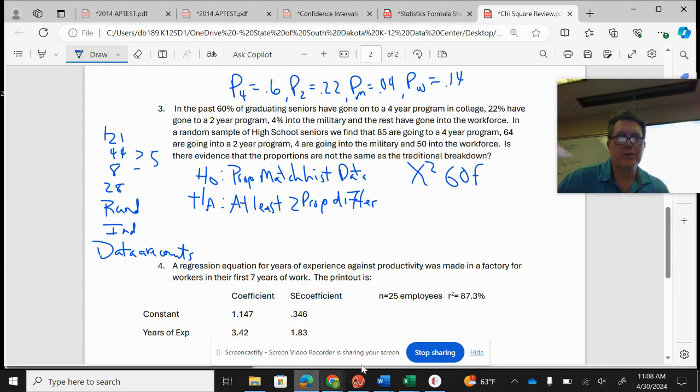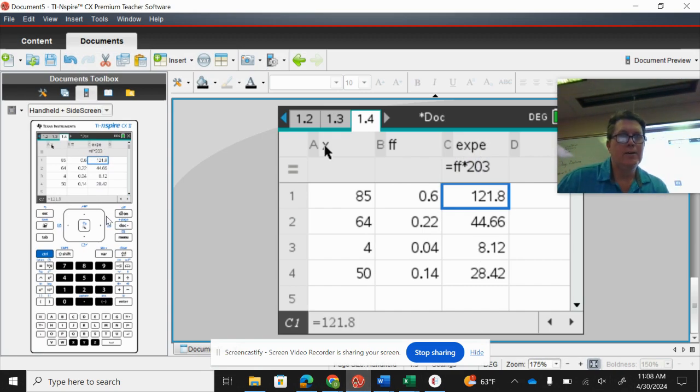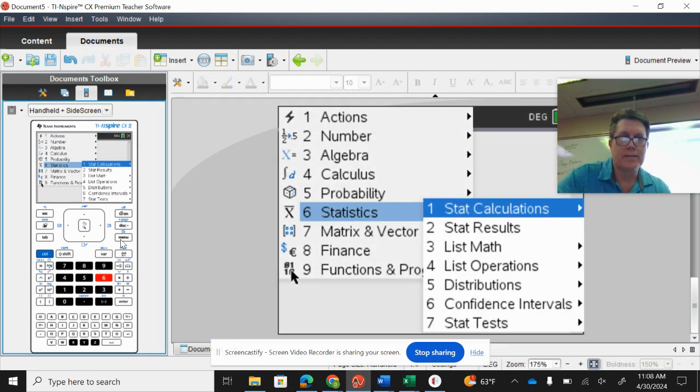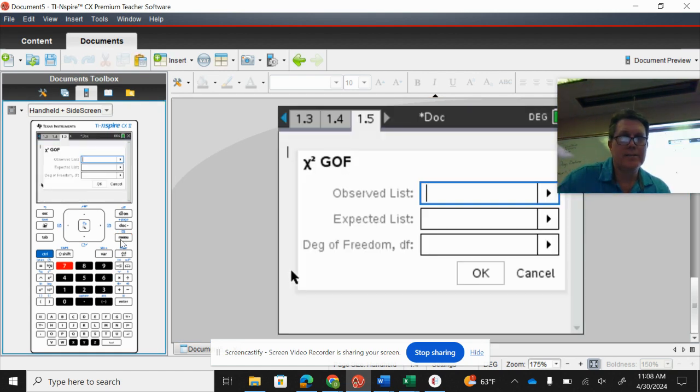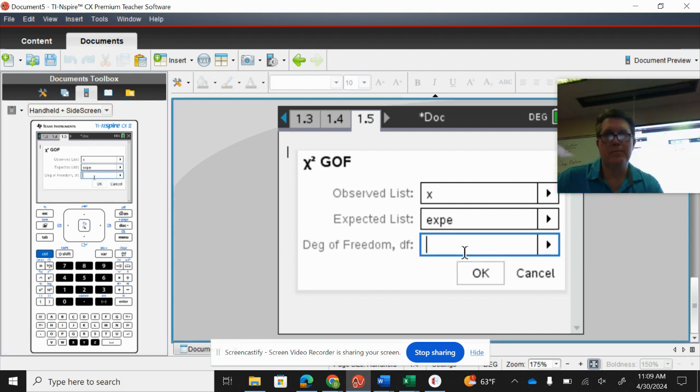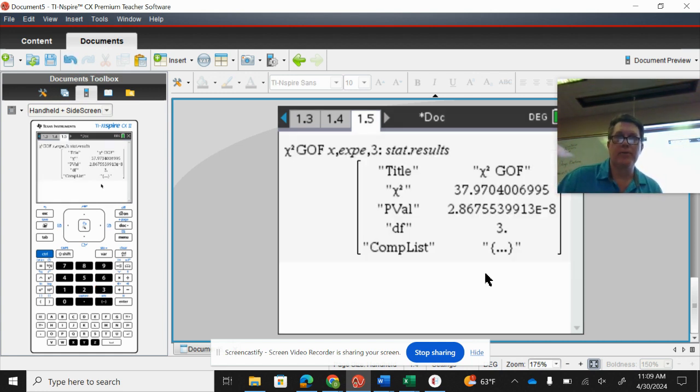So how do we run the goodness of fit test? We go on here, menu 6, 7, and number 7, our observed list, I have it in X. Expected list is XP. Our degrees of freedom, since there's 4 categories, it's just N minus 1, or categories minus 1, excuse me. And we get 3. So we get 37.97. Now, one thing I want to point out, look at our p-value.